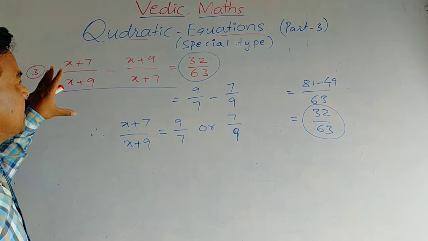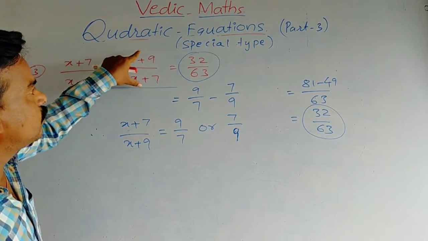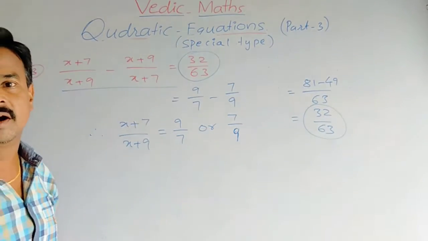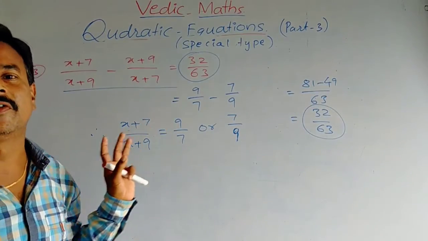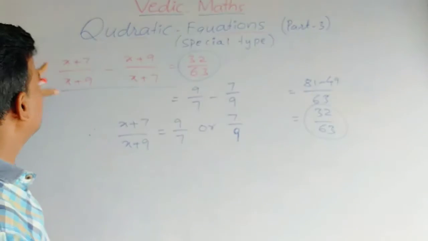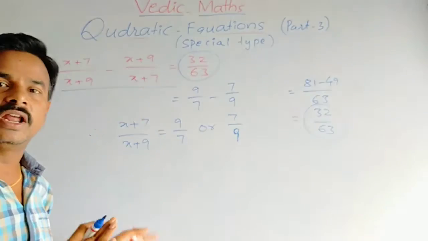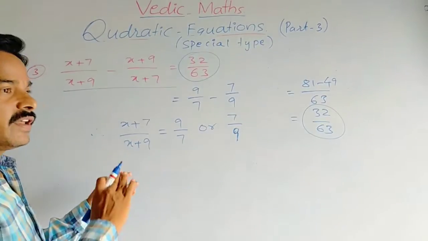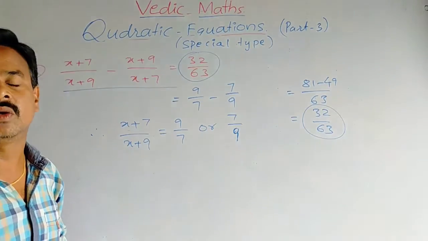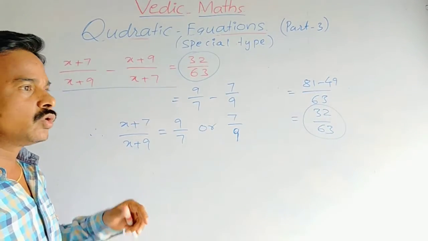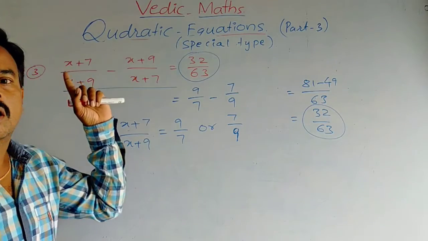Actually, if you solve this equation by the current modern method, it takes a minimum of 15 minutes. First we have to change this into a quadratic equation, which alone takes 10 minutes. After getting the quadratic equation, we have to solve it by any one method. So in total it takes 15 minutes.